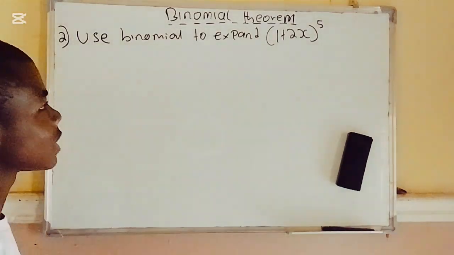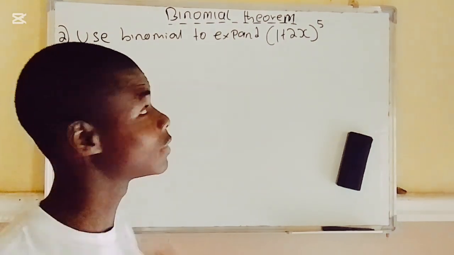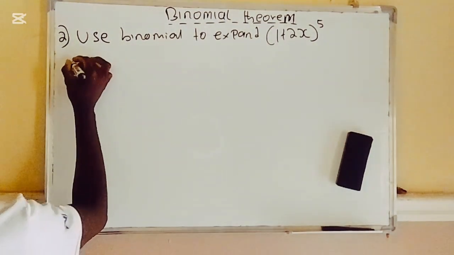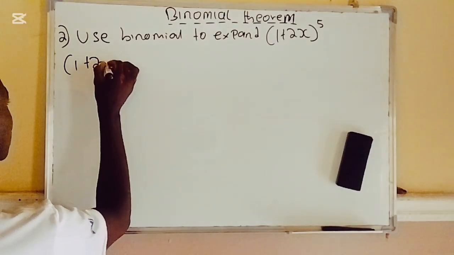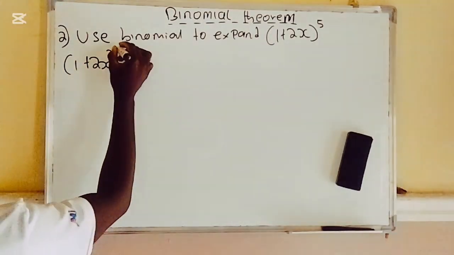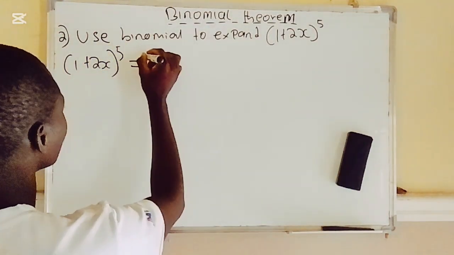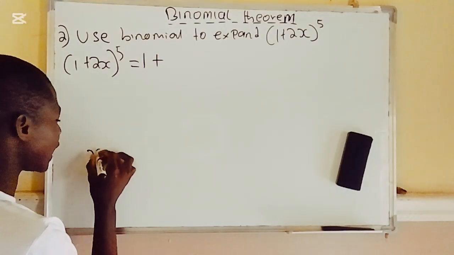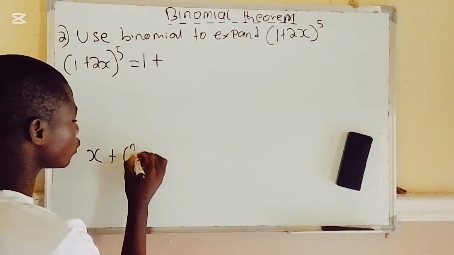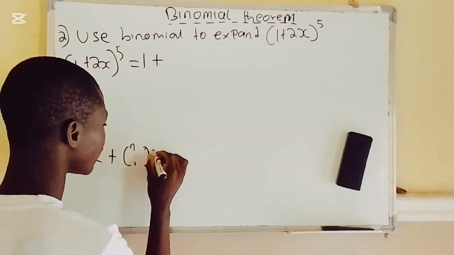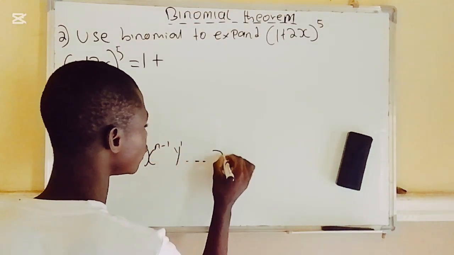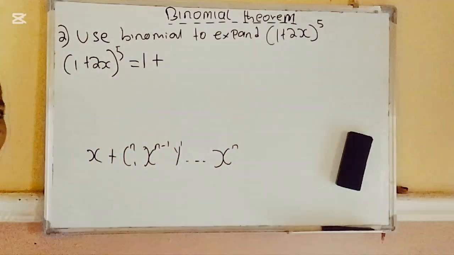The second question is the same as the first question, but let's try this question. As you can see, 1 plus 2x raised to the power of 5. It will be equal to, I have the value of 1 plus, don't forget the formula, which says x plus C to the n of 1 into x into n minus 1 into y of 1 into x raised to the power of n.